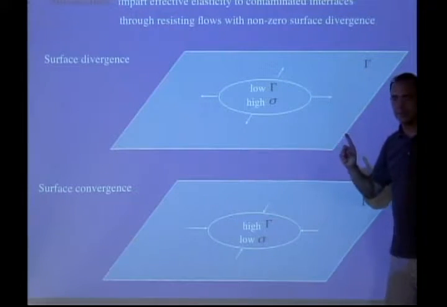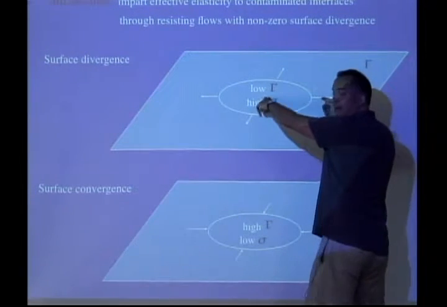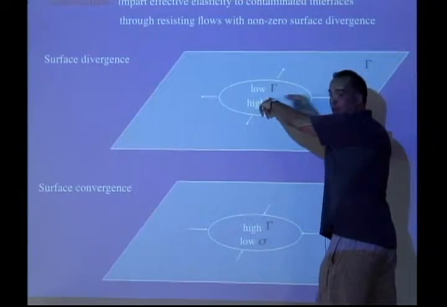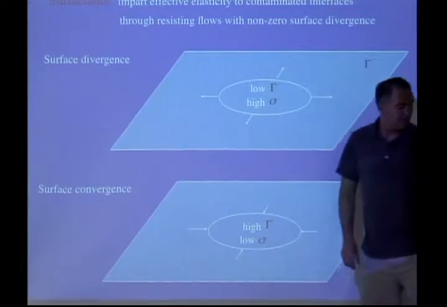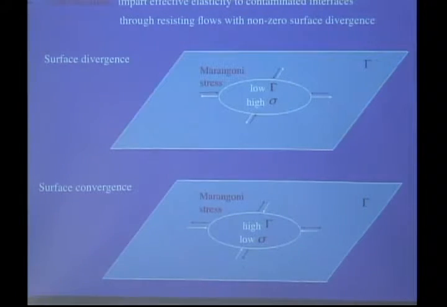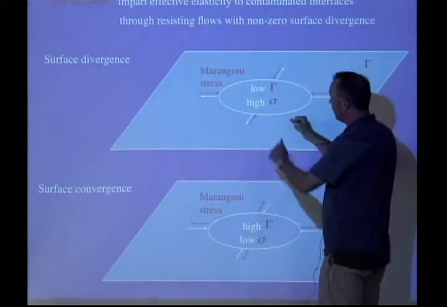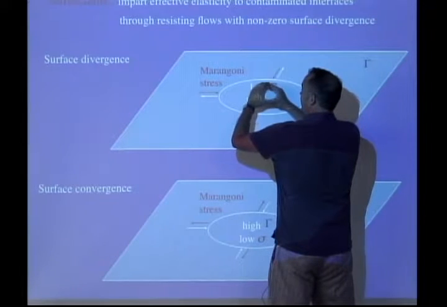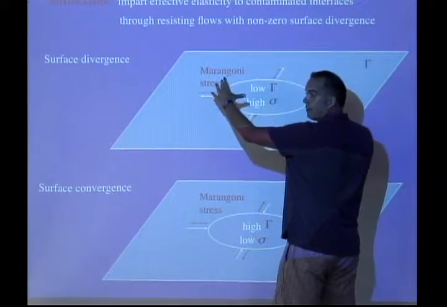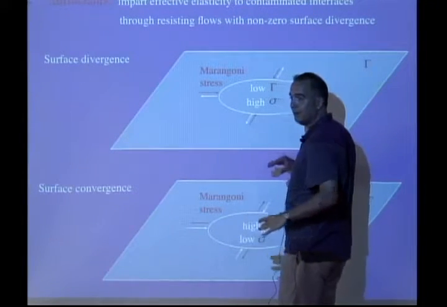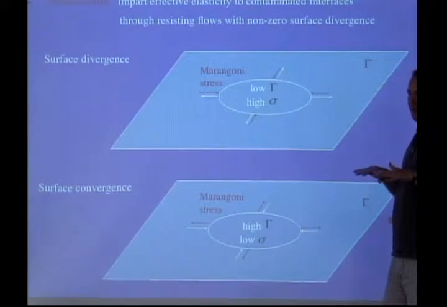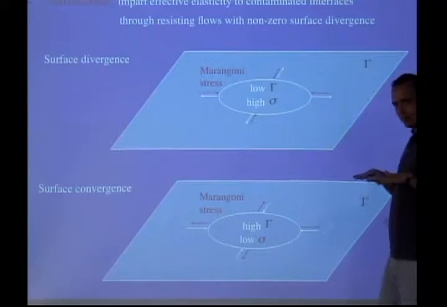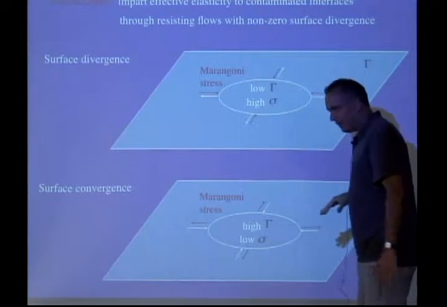If you're increasing the surface tension here relative to here, then there's going to be a Marangoni stress which resists this expansion, right? So as a result of this non-zero surface divergence, you're generating a Marangoni stress which is then resisting the motion, right? So it's going to get killed. So you're basically preventing surface motion with non-zero surface divergence.